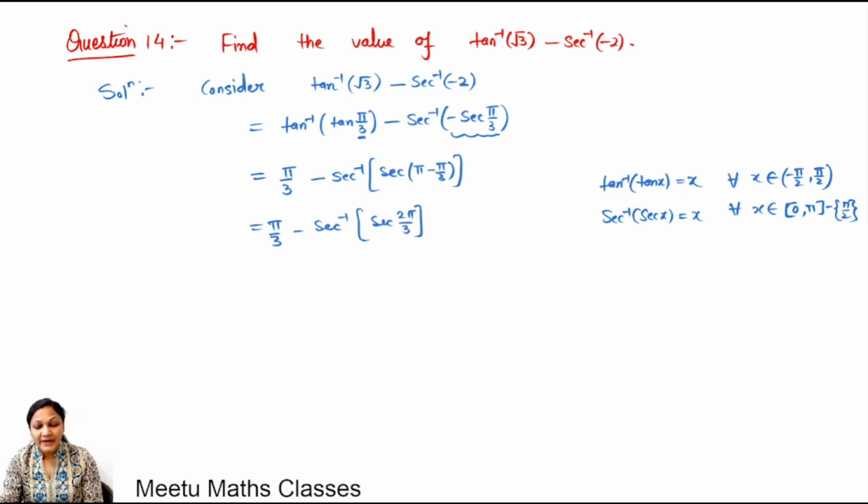Now, 2 pi by 3 lies between 0 to pi. So this sec inverse of sec 2 pi by 3 can be written as 2 pi by 3, and pi by 3 minus 2 pi by 3 is equal to minus pi by 3, and this is the required value of your expression.